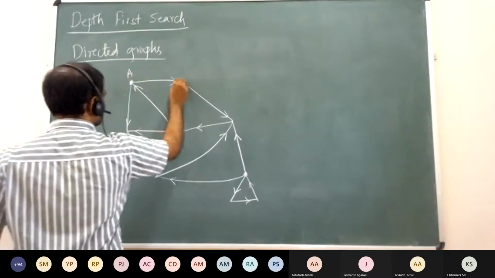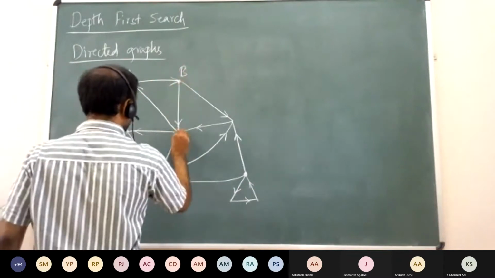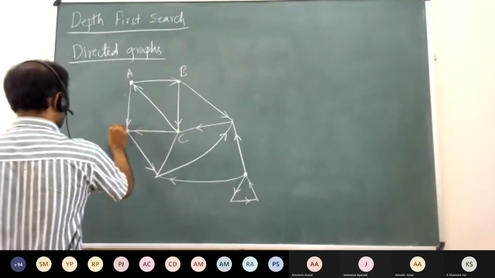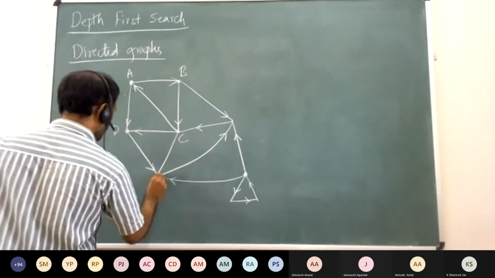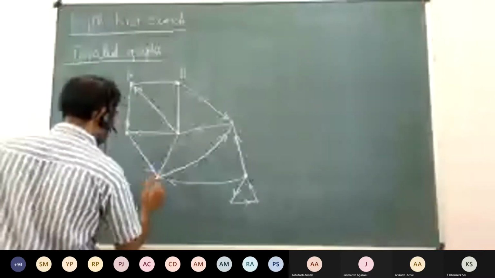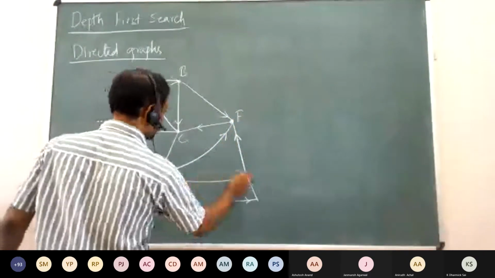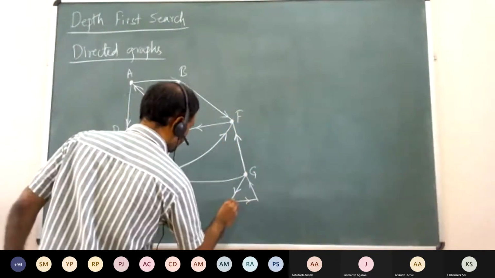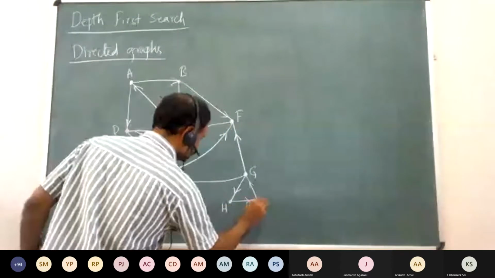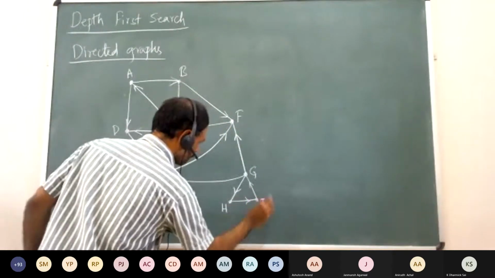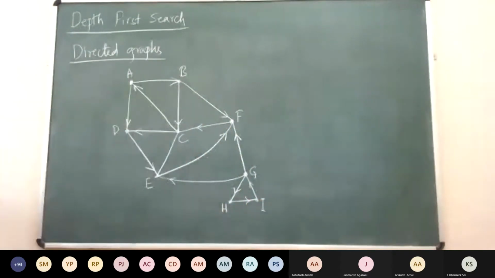Say this is A, B, C, D, E, F, G, H, I. So let us start the DFS with A.